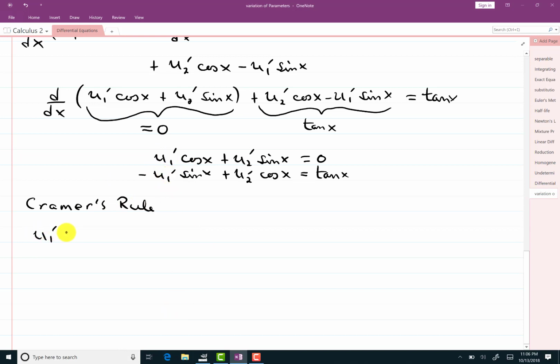u1 prime will equal, these are determinants now. Treat cosine and sine and all these as like coefficients in a system of equations. So if you want to solve for this particular column of u1 primes, you replace it with the result column. But for the u2s, you put its coefficients.